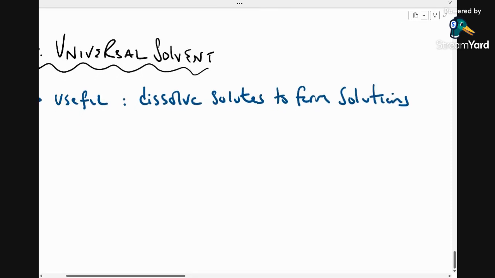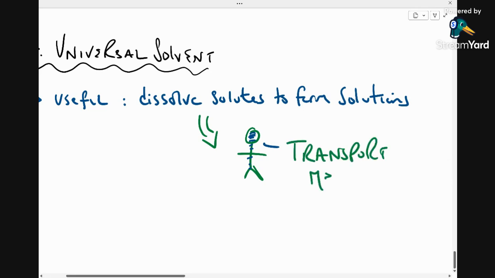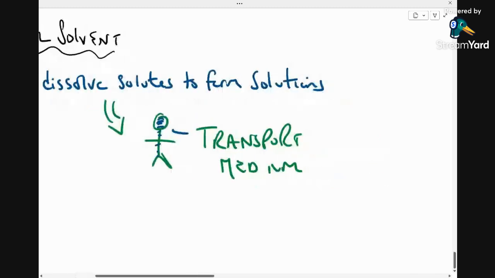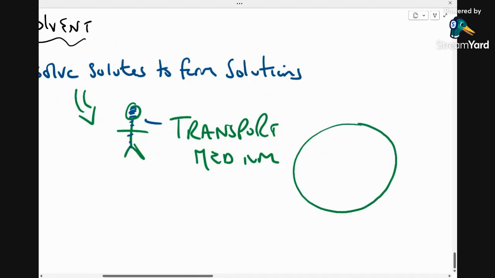But the importance of this in biology, of course, is that this allows water, which by the way makes up the majority of you, it allows the water in you, which I'll just draw in blue here, to act as a transport medium. It allows cells, don't forget we've got a cytoplasm, right? You might have a nucleus here with your DNA in it.